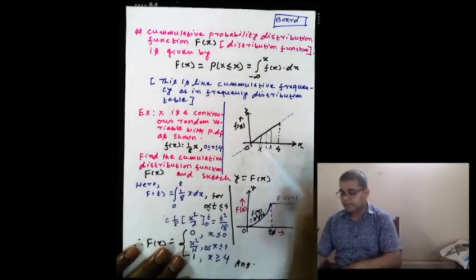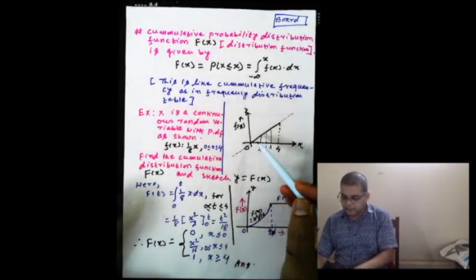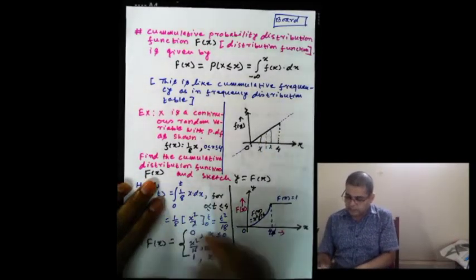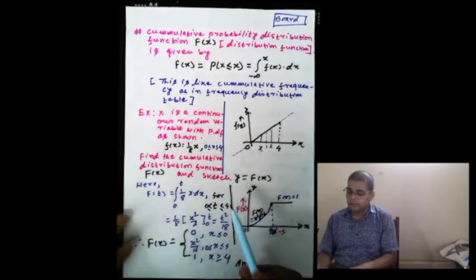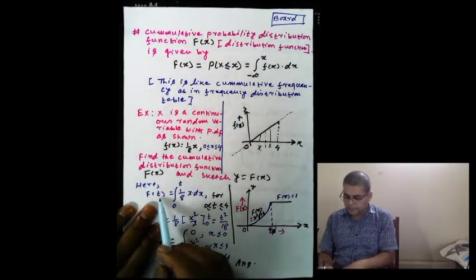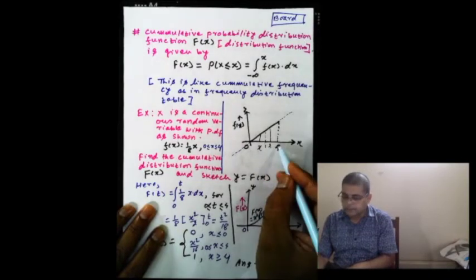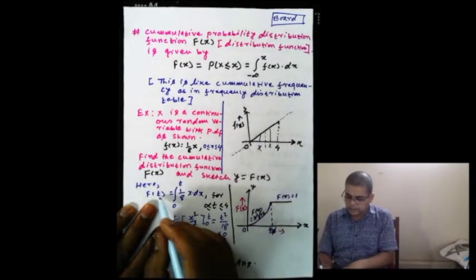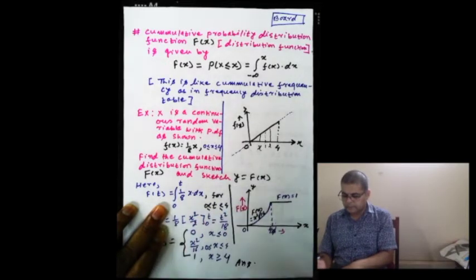So first of all, from this probability density function, we have to find the cumulative distribution function, and then we have to sketch the curve, and then we have to see the difference between those two curves here. So here F(t) means in general t, I am taking any value t between 0 and 4 in this case. For example, F(t) equals the integral of 1 by 8 x dx. It's okay.